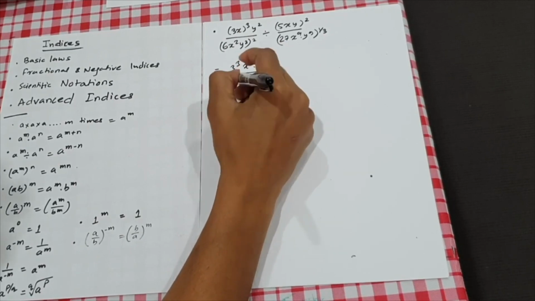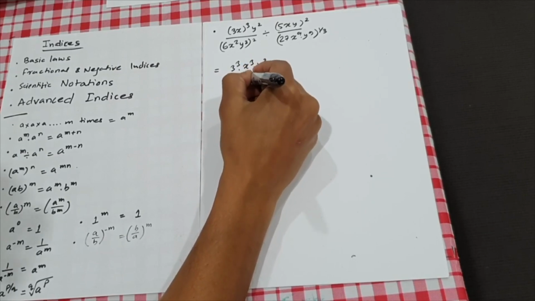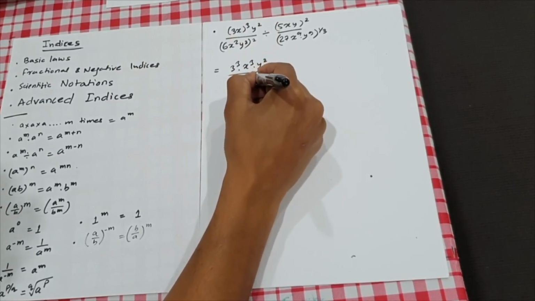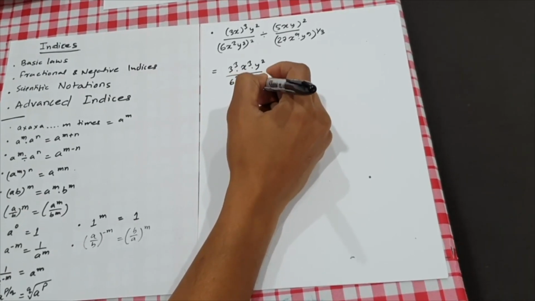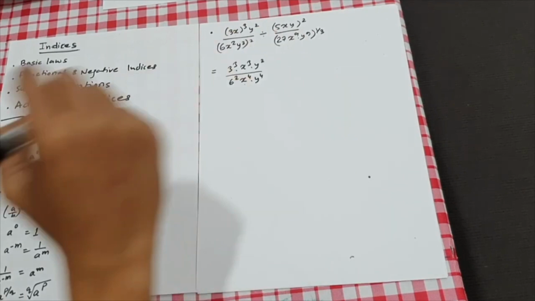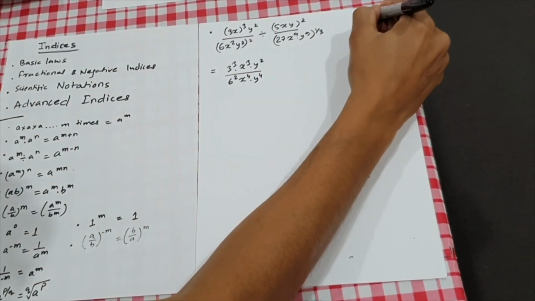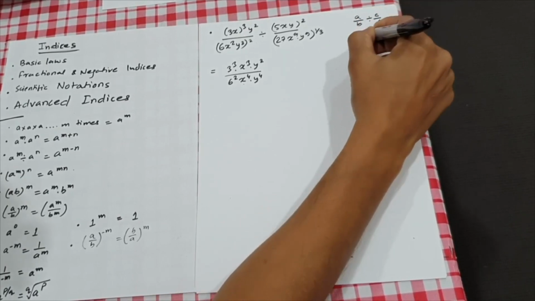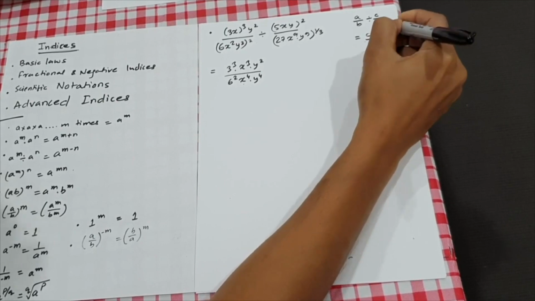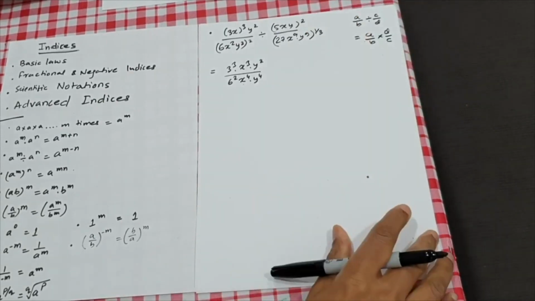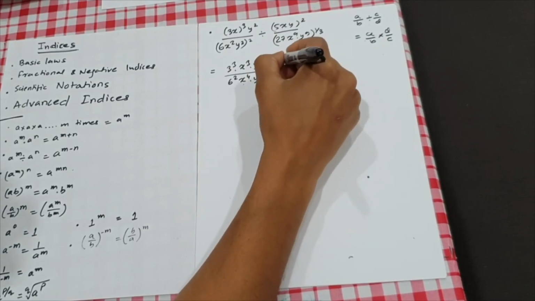So this is 6 squared, x squared squared is x4 and y squared squared is y4. Now you know that if we have a by b divided by c by d, we can write this as a by b multiplied by d by c, right? When you multiply, you reciprocate the second part. So we can do this.